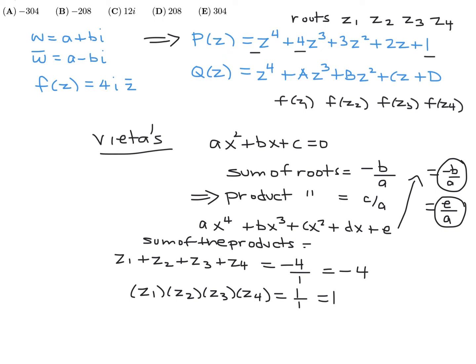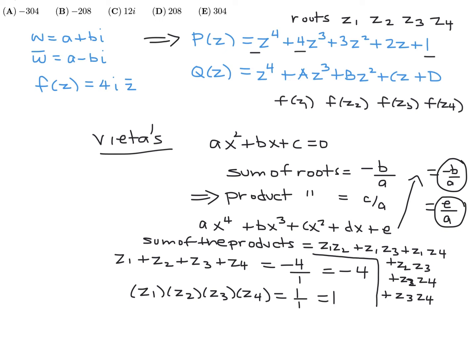Sum of the products is like z1 times z2 plus z1 times z3 plus z1 times z4, z2 times z3, z2 times z4, and then z3 times z4.